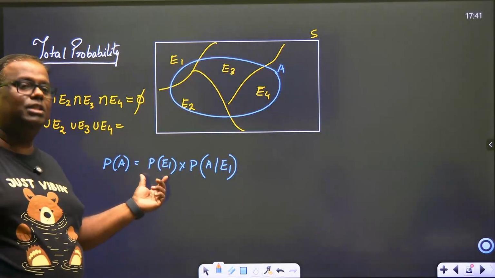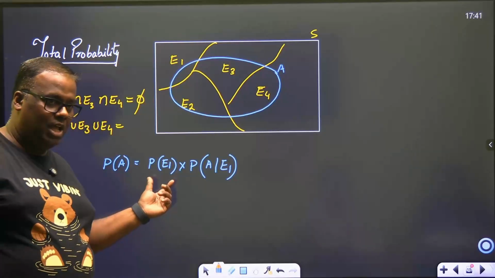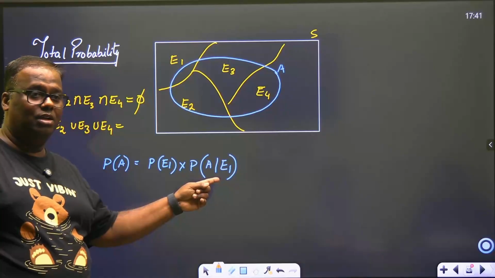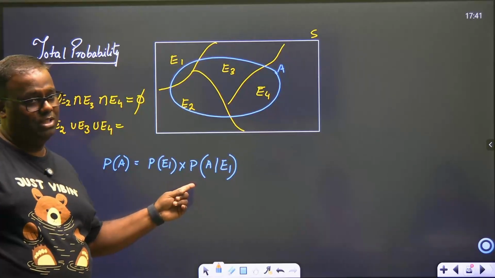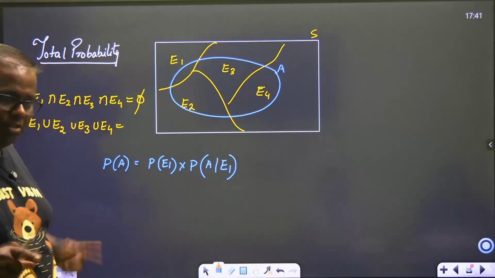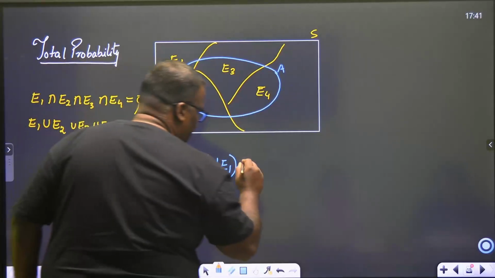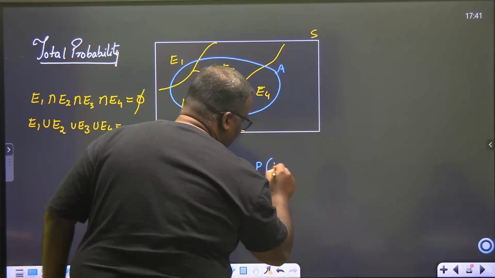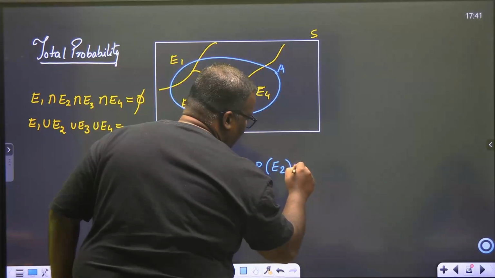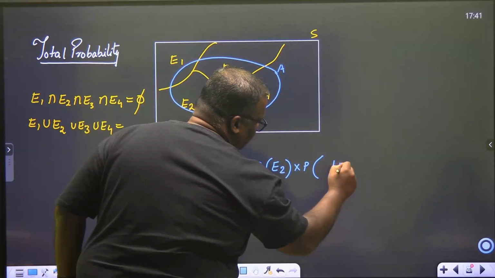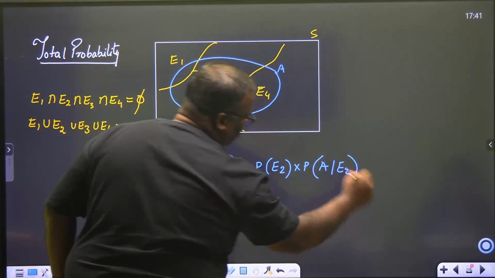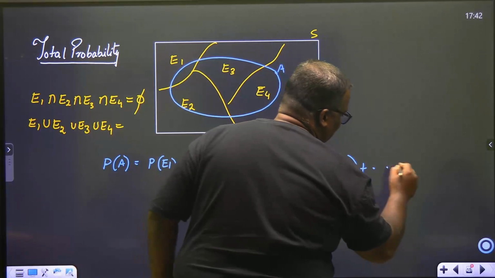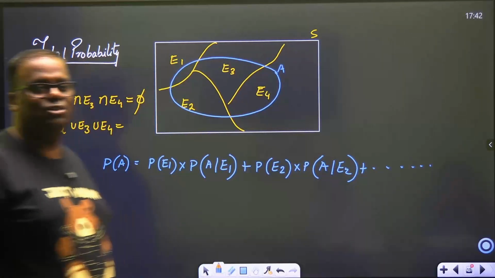Probability of selecting box 1, and now that you selected box 1, you're trying to see the probability of A. This is conditional probability. This way. Or probability of selecting E2, and now that you have selected E2, you find out the occurrence of A, and so on, as many such options as there can be.